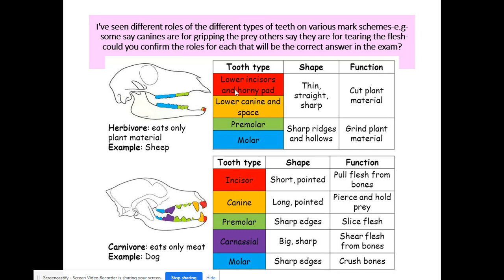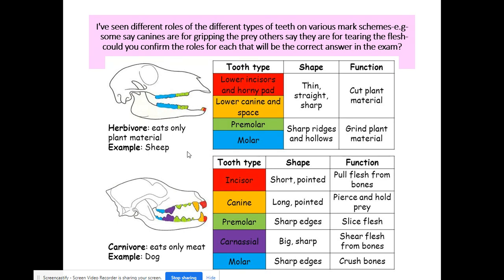And then we've got the lower incisors. These two work together to cut plant material. Then you've got the lower canine and the space here, the diastema, which helps with moving the food around, manipulating it around the mouth. And then at the back we've got the premolars and the molars, and they help to grind down that plant material.